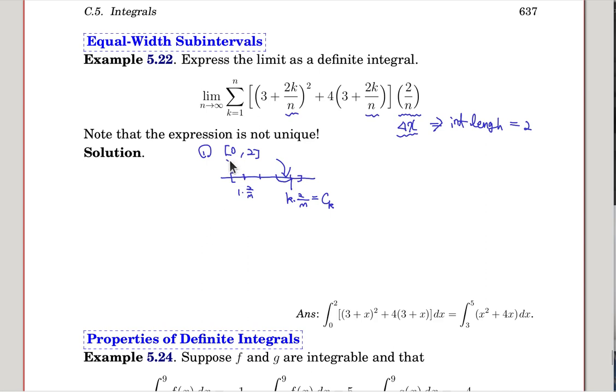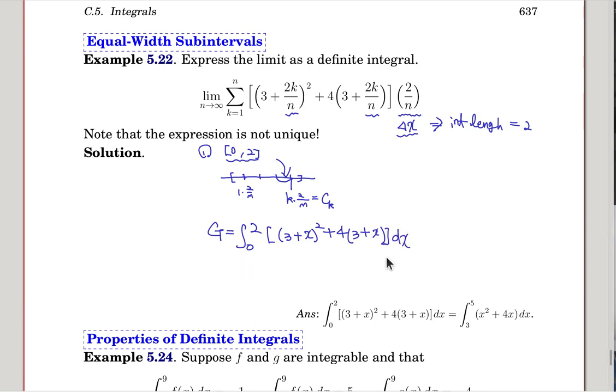So along with that interval, our choice, the given term is the same as the integral from 0 to 2. And then here, that is 3 plus 4 times ck, and ck will be changed into x, and the delta x becomes dx.